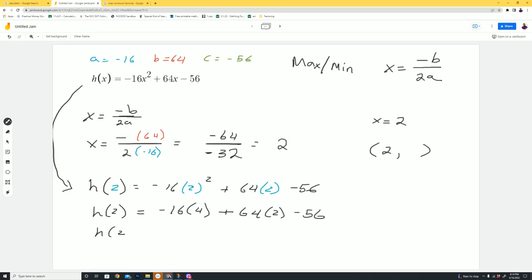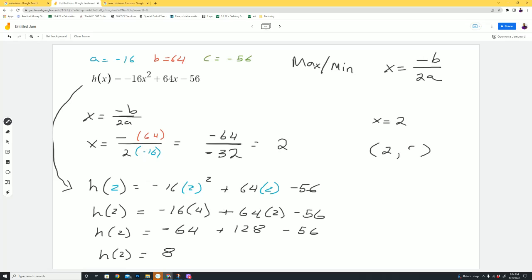H of 2 is equal to negative 16 times 4 gives us negative 64. Plus 64 times 2 is positive 128. Minus 56. And h of 2 is equal to negative 64 plus 128 minus 56 gives us 8.